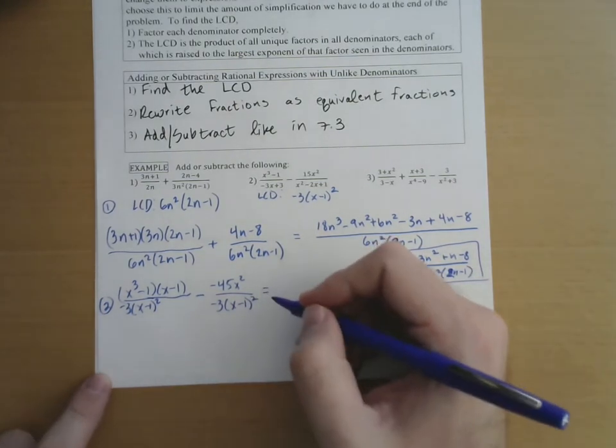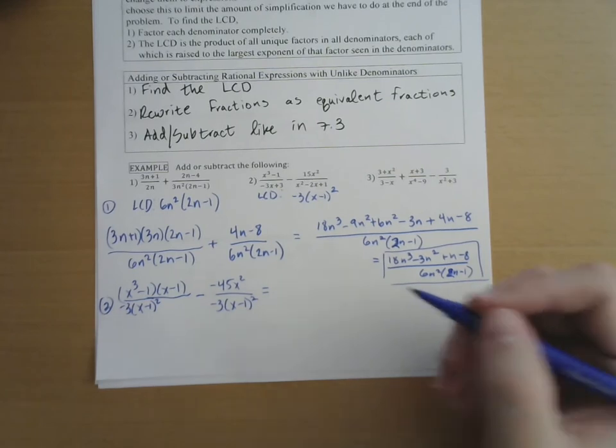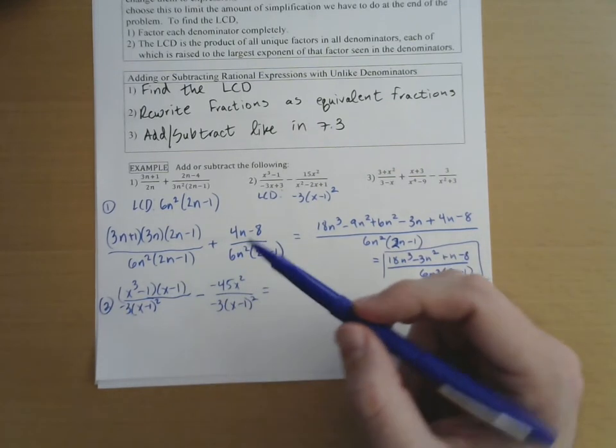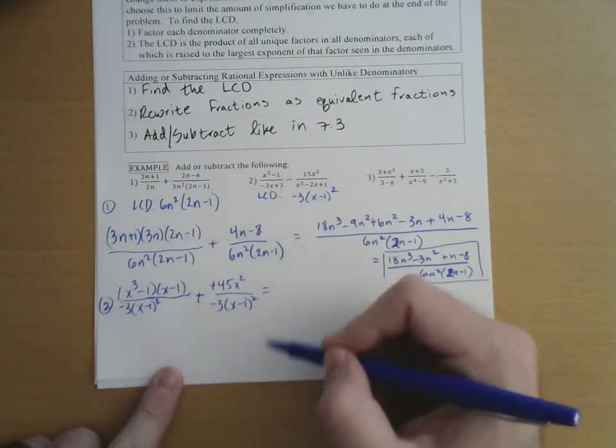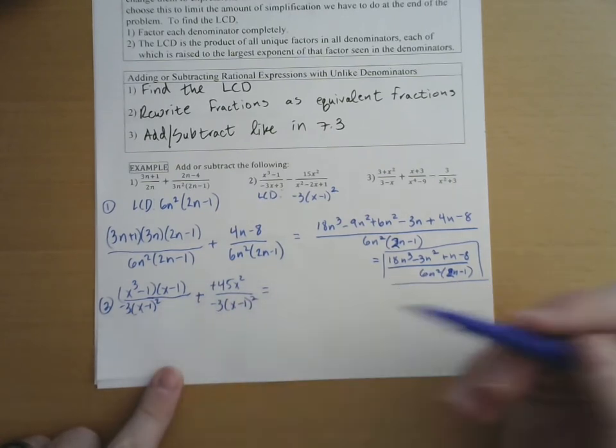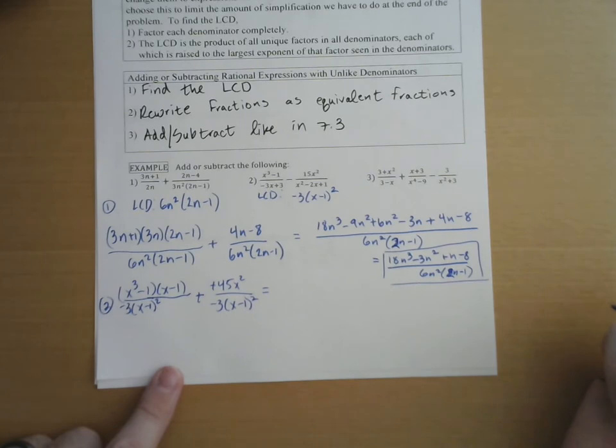And again, all there is left to do here is simplify the top, FOIL it out, and then this minus minus becomes a plus, a positive. Notice our denominator is going to stay negative so that we can just add across the top.